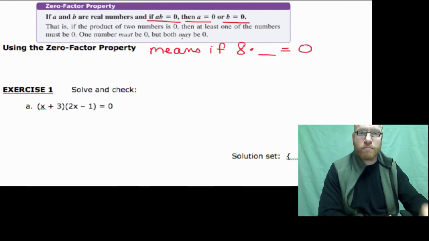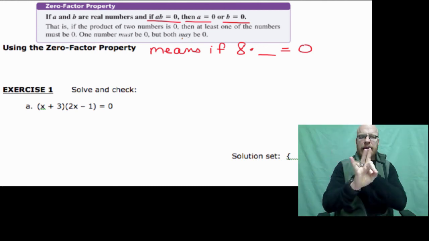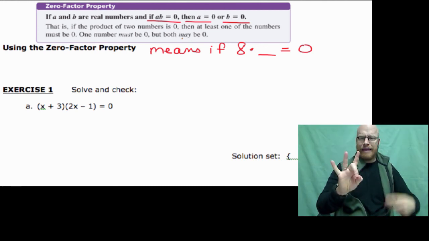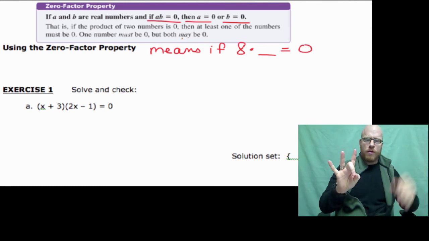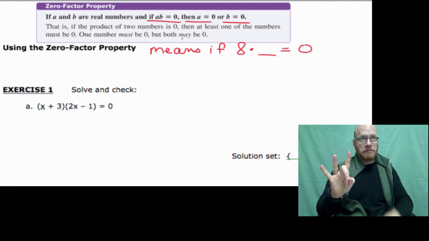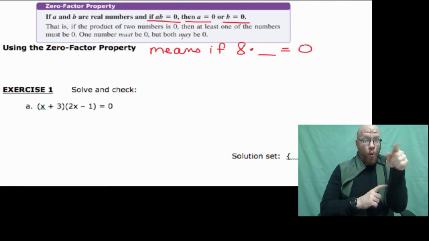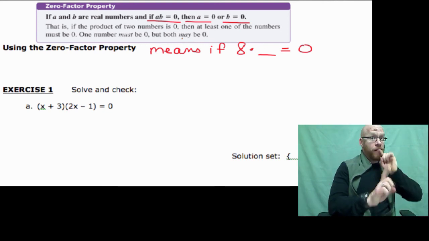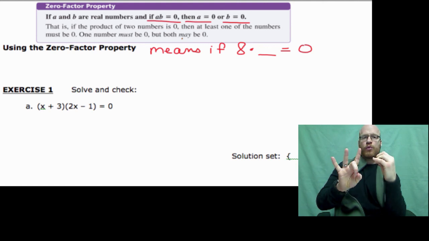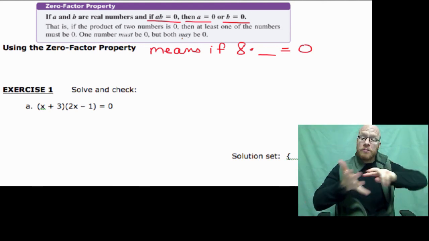So if we have 8 times something equals 0, 8 times what? Could it be 1? No, that's 8. Not times 1. That is 8. So the only way we can get 0 from this is 8 times 0. This is an example.